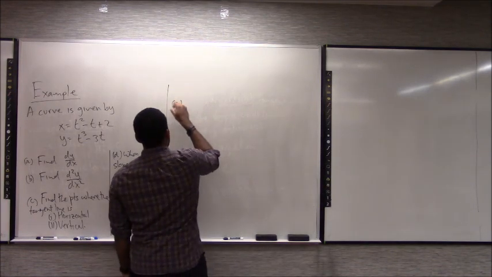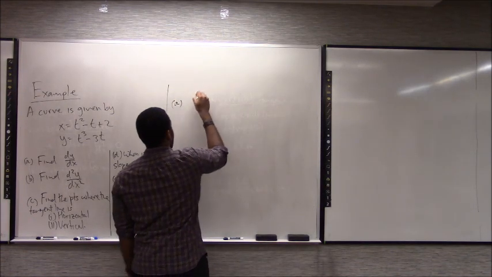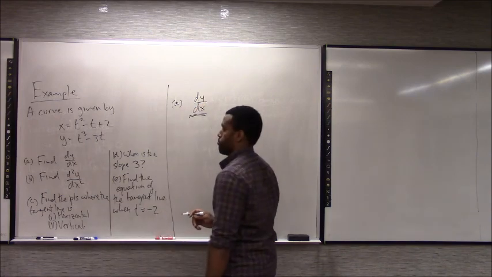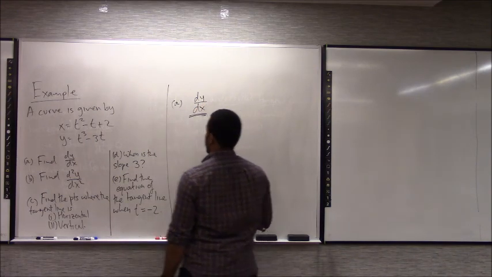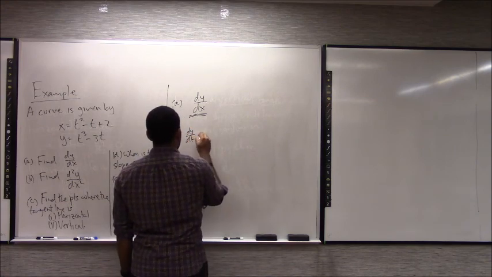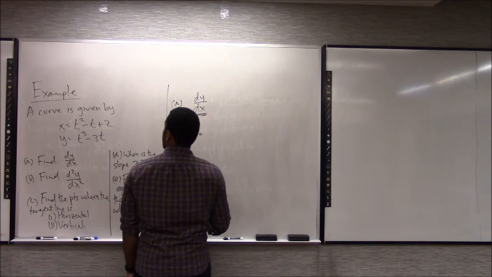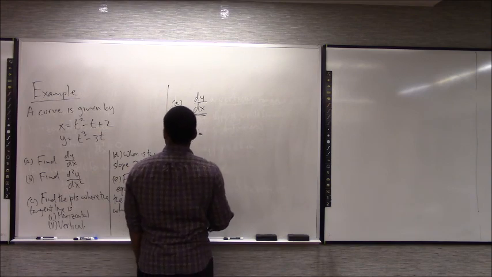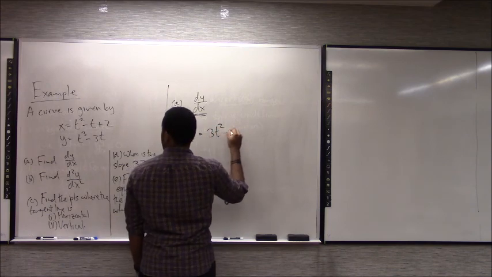Okay, A. How would I find dy/dx? dy/dt over dx/dt. So first, let's find dy/dt. What's dy/dt? 3t squared minus 3.